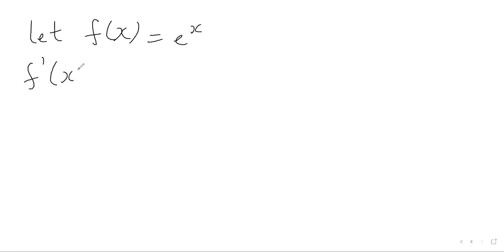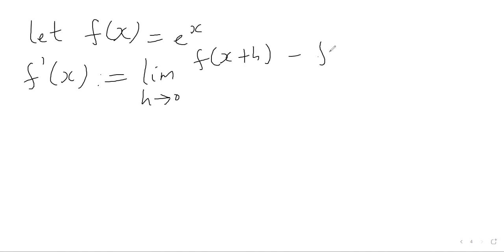So again, using the definition that we've used in all of the previous videos, if we let f of x equal the exponential function, then we know that the derivative, just by the definition of what differentiation is, is the limit as h goes to 0 of f of x plus h, subtract f of x, all divided by h.